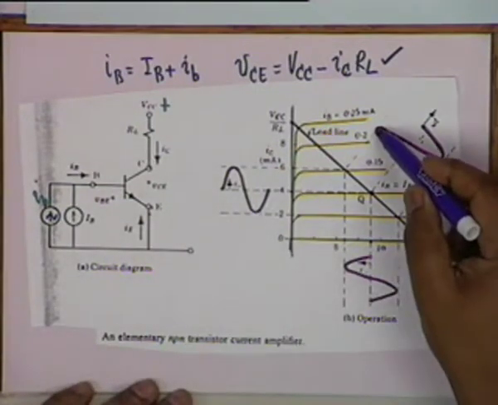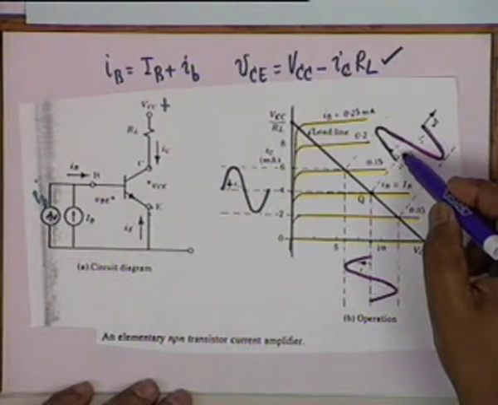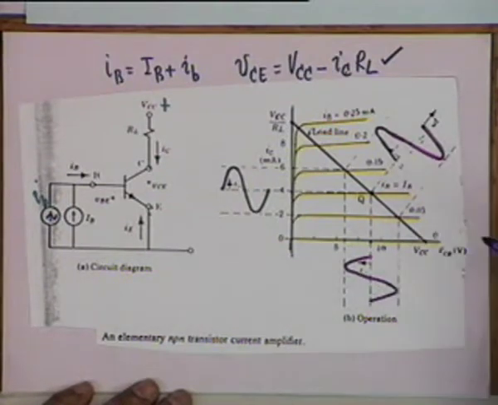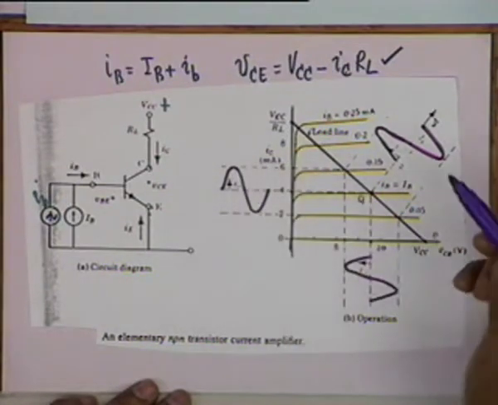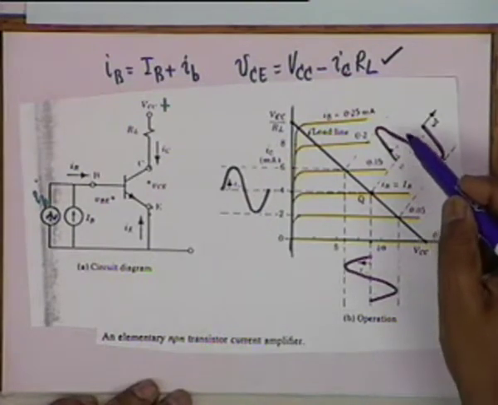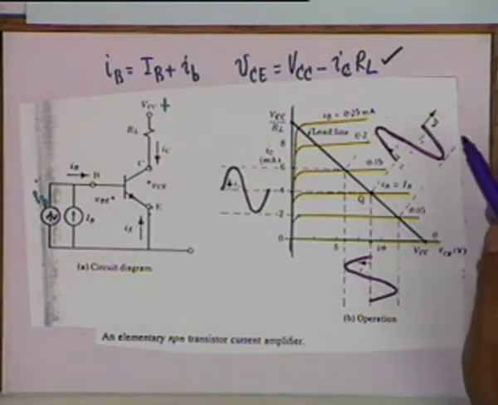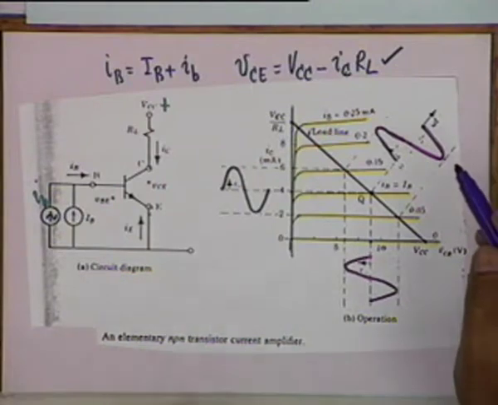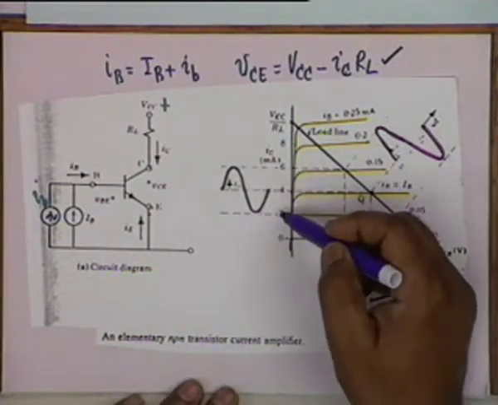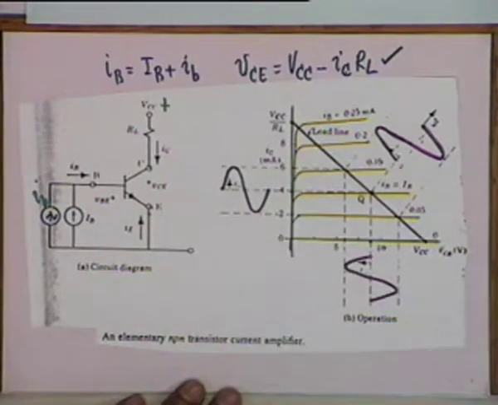If the peak to peak current here is 0.05 milliampere, and the peak, I'm sorry, not peak to peak is how much? 0.1, and peak to peak here is from 2 to 6, 4. Okay.